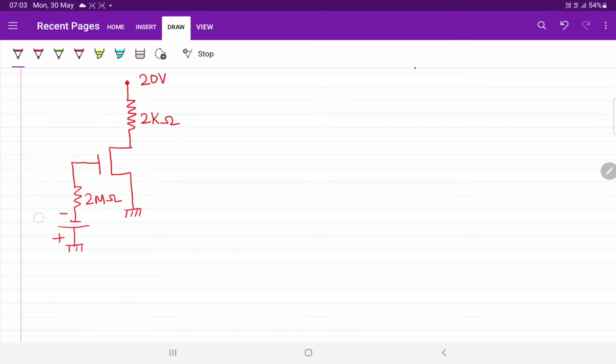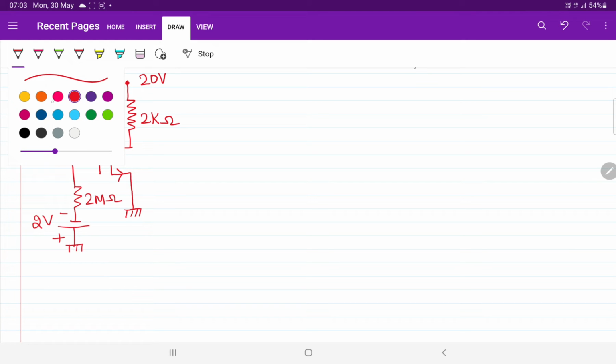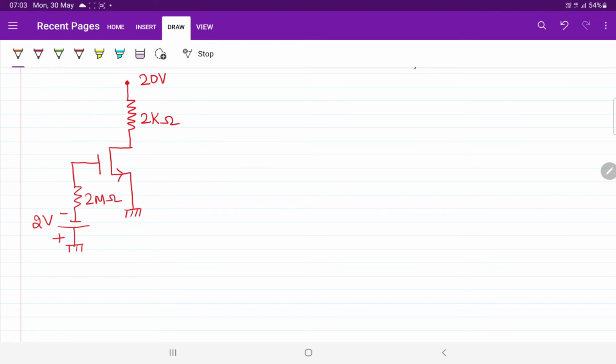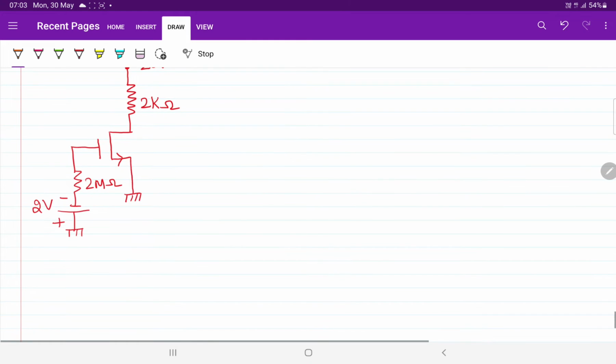What is the amount of current that is always entering into the gate terminal of the MOSFET? The MOSFET is a voltage controlled device, so the current entering the gate terminal is always 0 ampere. There is no current flow in the gate terminal.